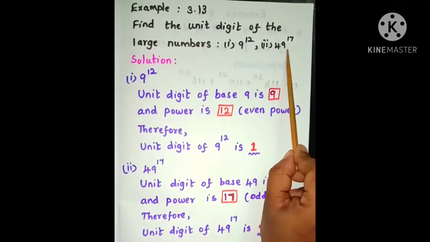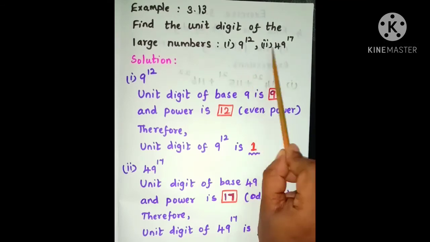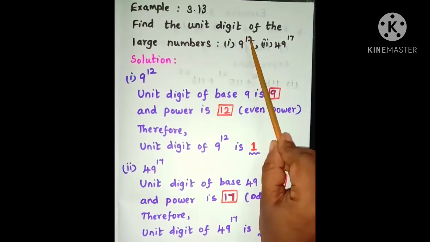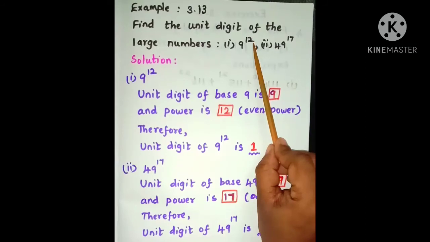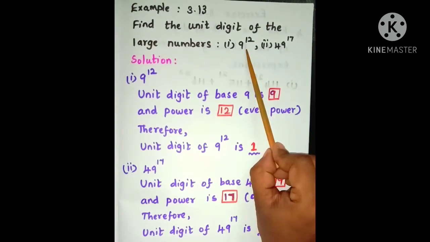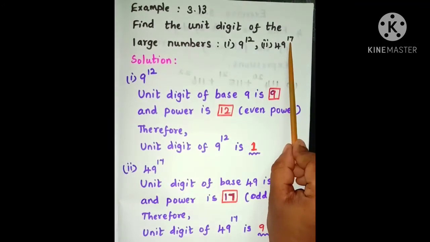Here the base is 9, the unit digit of the base is 9, and the powers are 12 and 17. For the even powers, the unit digit after the expansion will be 1, and for the odd powers, the unit digit after the expansion is 9.